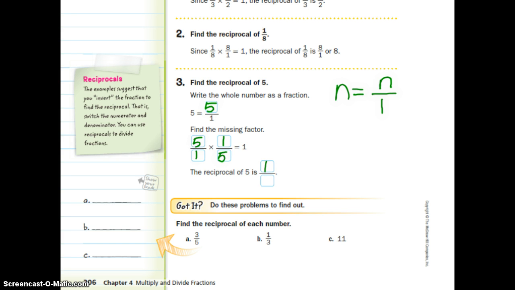So 5's reciprocal is 1/5. That is not a remainder. We're going to use that as a reciprocal this year because we don't do remainders in middle school. We'll either solve problems as fractions or solve problems as decimals.